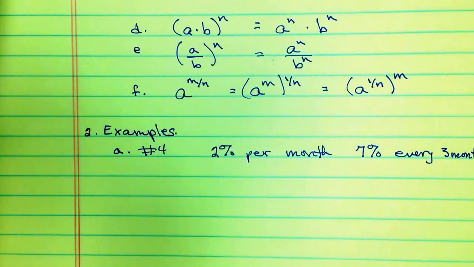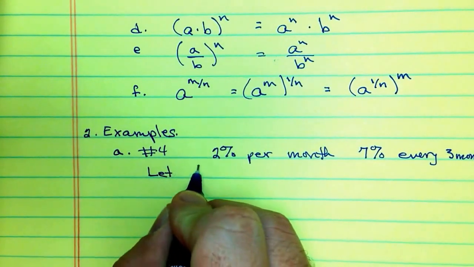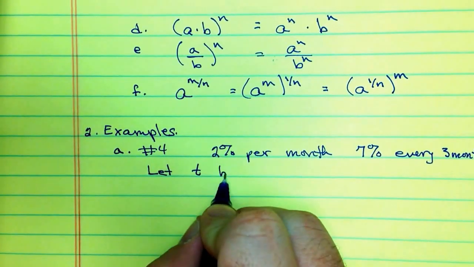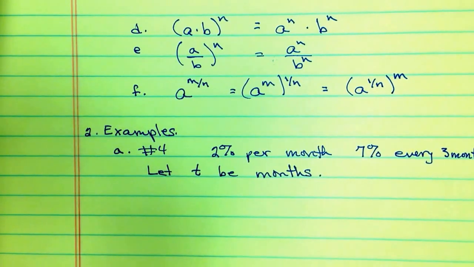Or we can just run through some numbers. So let's not do years, let's go by months. So let t be in months. So let's look at the b to the t.